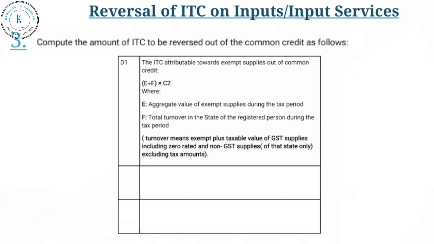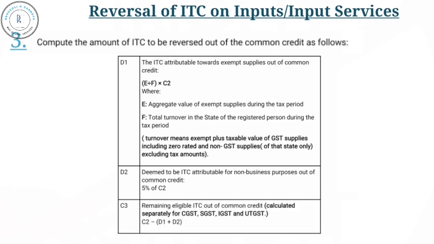Turnover means exempt plus taxable value of GST supplies, including zero-rated and non-GST supplies, of that state only, excluding tax amounts. D2: deemed to be ITC attributable for non-business purposes, out of common credit, 5% of C2. C3: remaining eligible ITC, out of common credit, calculated separately for CGST, SGST, IGST and cess, C2 minus D1 plus D2.